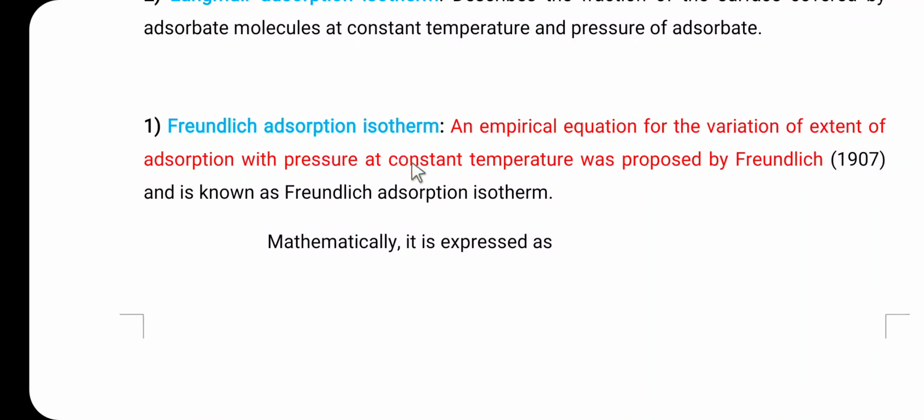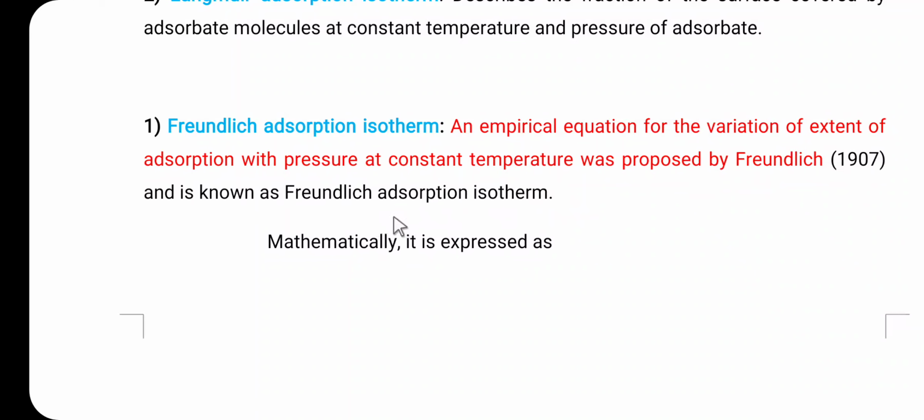The Freundlich adsorption isotherm is an empirical equation for the variation of extent of adsorption with pressure at constant temperature. It was proposed by Freundlich in 1907, and it is known as the Freundlich adsorption isotherm.